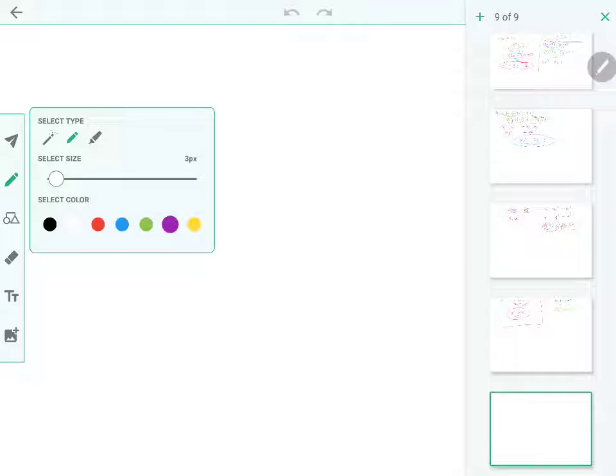Okay, number 4. I'm going to do 4D. So 6D times 5D minus 4 plus 2D times 3D minus 2.